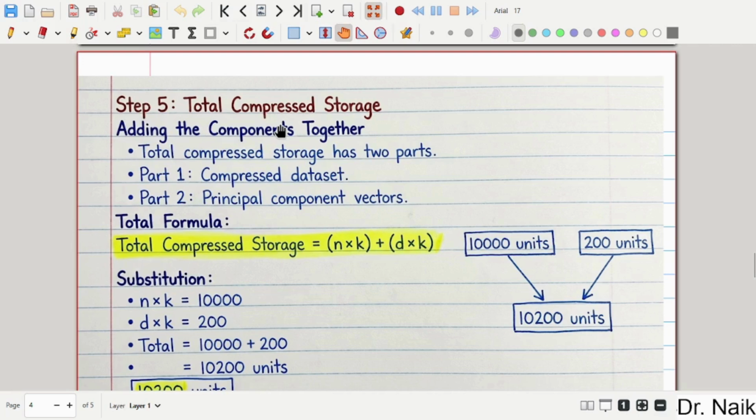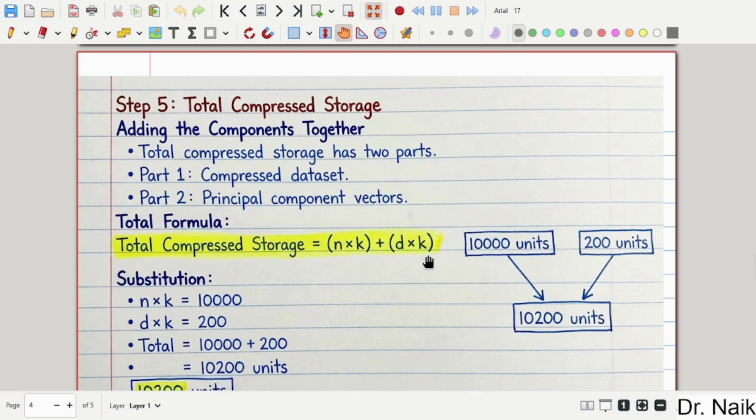Total compressed storage has two parts. The first part is the compressed dataset and the second part is the principal component storage. Total compressed storage is calculated by the formula compressed dataset plus principal component storage, that is n into k plus d into k.